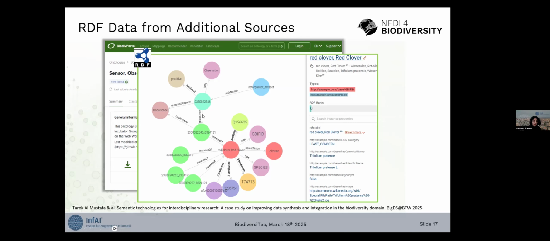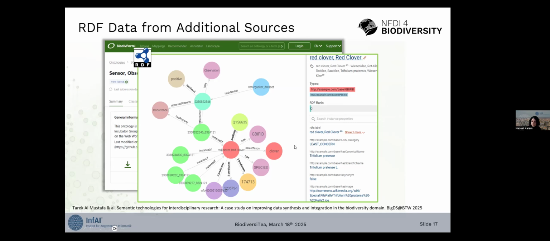And you can see, for instance, here data that comes from Naturgucker data sets, which are occurrences of species. And we have here again the same species, which is red clover.